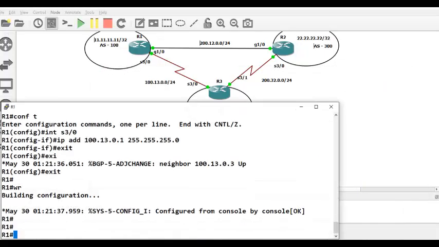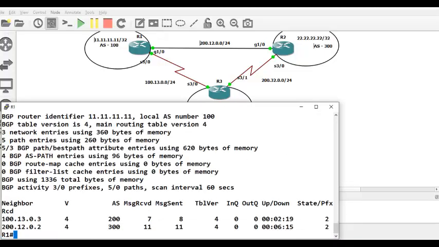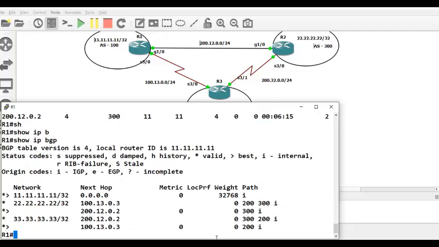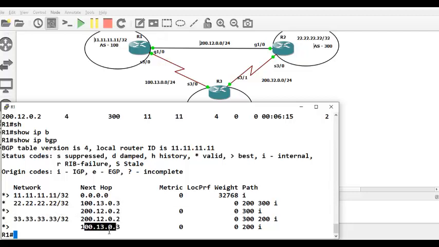On R1, I must see show ip bgp. So we got BGP. See, we are learning two routes. What are those two routes? Show ip bgp. We are learning the route like the 22 network from two different sources, the 33 network from two different sources.